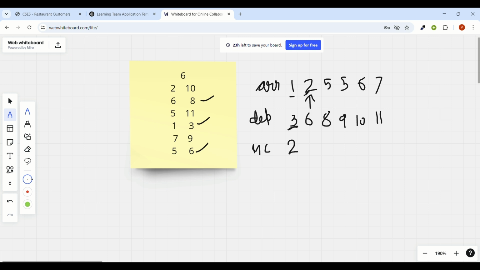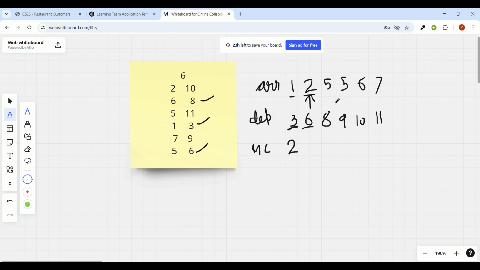Why? Because this one and this one, these two were there in the restaurant. Now one of these is departing, but we don't care who is departing, the one who arrived at 1 or arrived at 2. We just care that 2 customers arrived, then he is departing. So the maximum number of customers is 2.